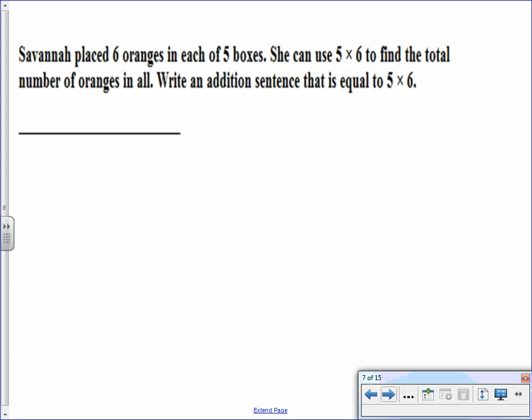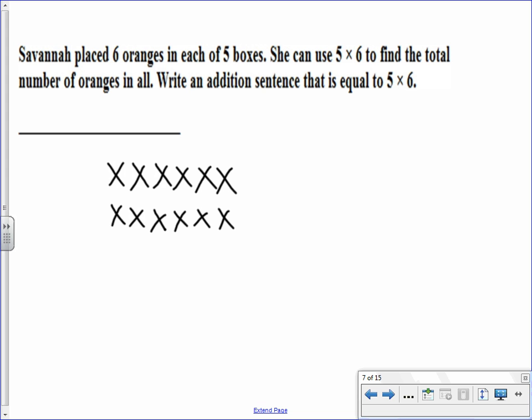Great, next one. Savannah placed 6 oranges in each of 5 boxes. She can use 5 times 6 to find the total number of oranges in all. Write an addition sentence that is equal to 5 times 6. Let's make an array for this one, just to help us. So there's one group of 6.